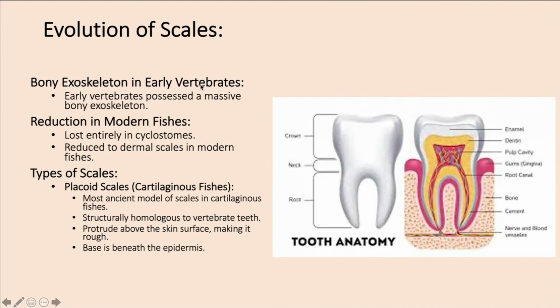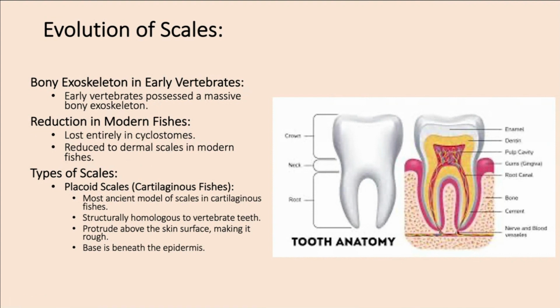So the early vertebrates had a massive bony exoskeleton, but then as they became modern fishes, first of all, they lost it as cyclostomes. Cyclostomes are agnata. So agnata lost the bony exoskeleton, and as we know, agnata, or the jawless fish, are cartilaginous. Okay, so they also developed reduced dermal scales, or not the agnata actually, the modern fishes.